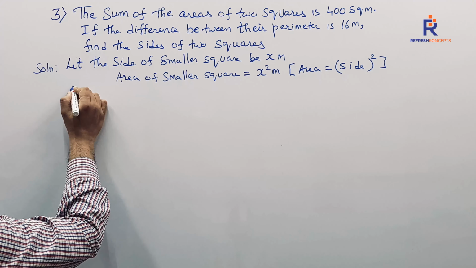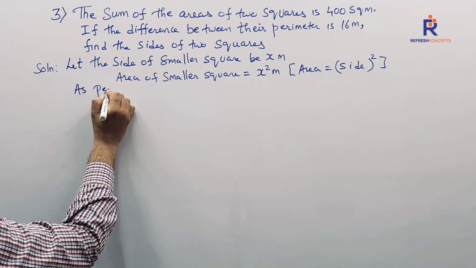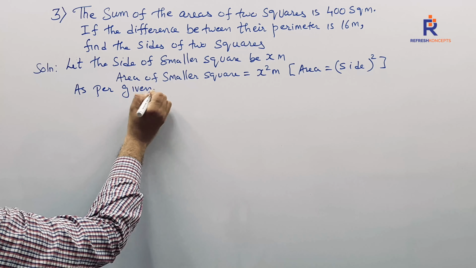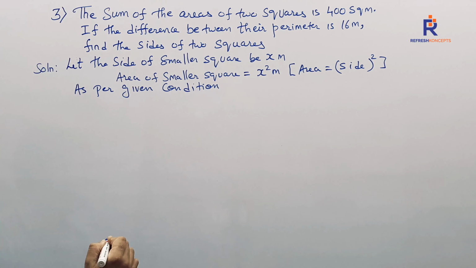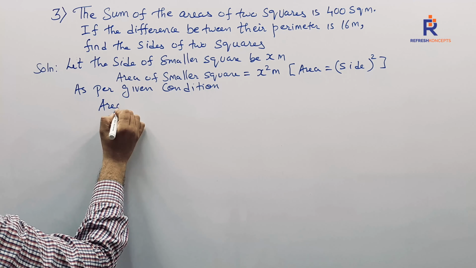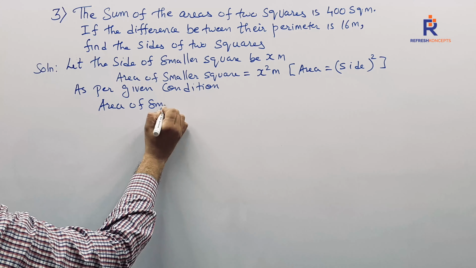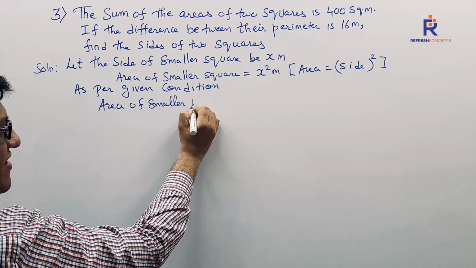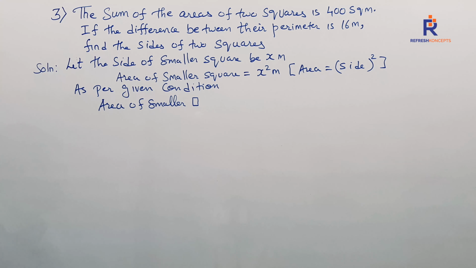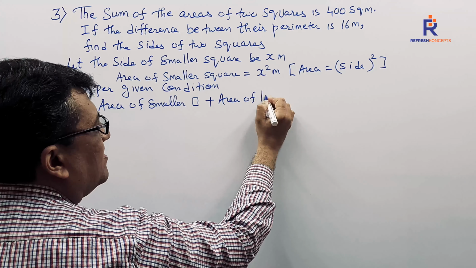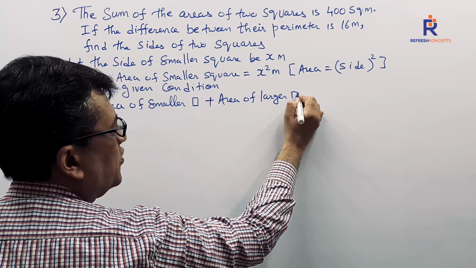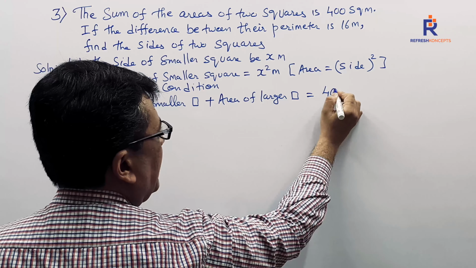So can I say, as per the given condition? What is the given condition, children? Area of smaller square, I'm just writing it via a symbol, plus area of larger square, answer is 400.